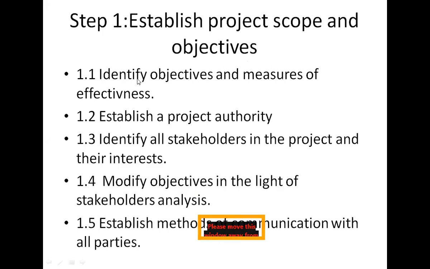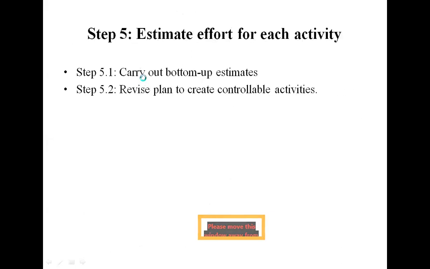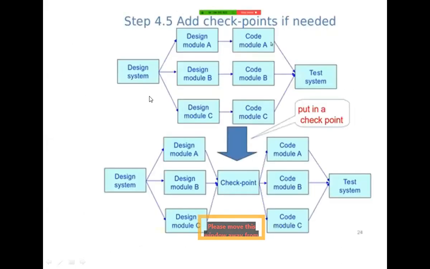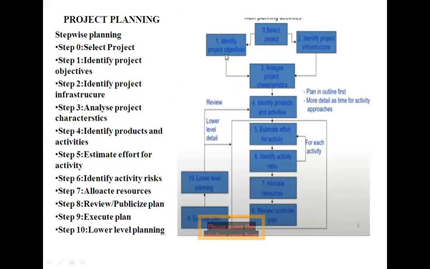So everybody understands the different steps involved in project planning. There are 10 steps in total, and each step includes some different types of steps. The overall steps were explained with an example.